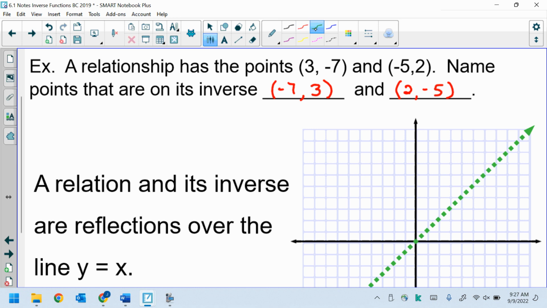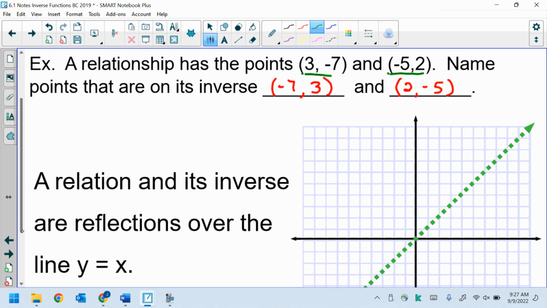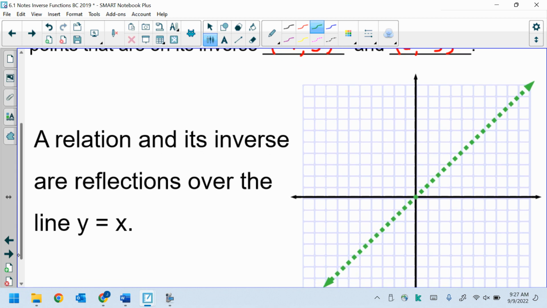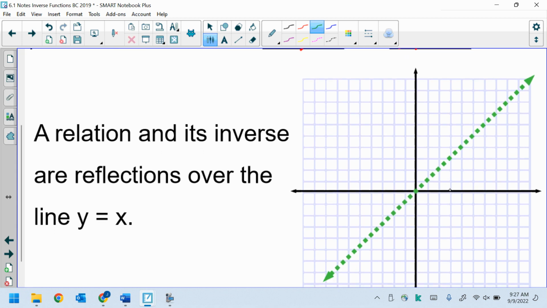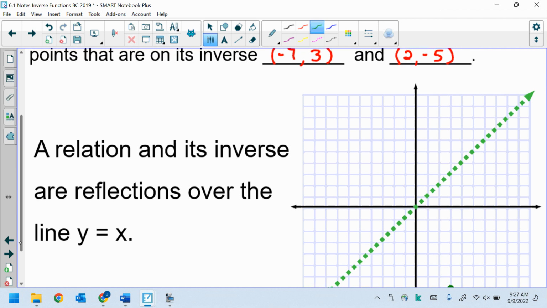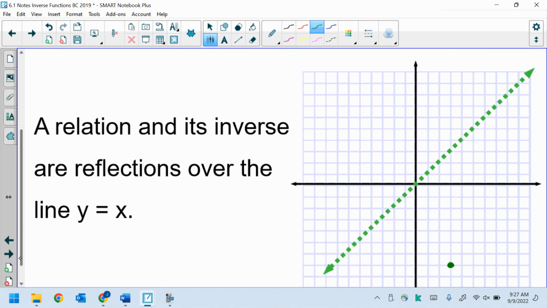Let me in green plot these 2 points up here. (3, -7): 1, 2, 3, 4, 5, 6, 7. And I would like to plot (-5, 2): -1, 2, 3, 4, 5, +2.